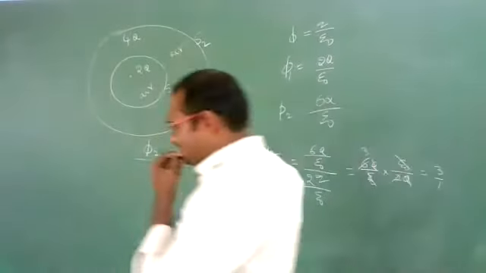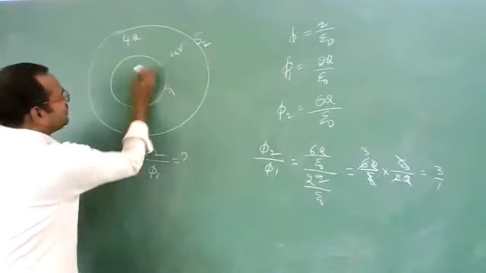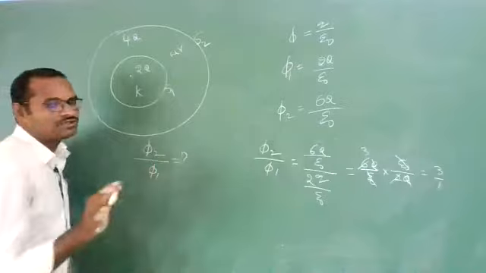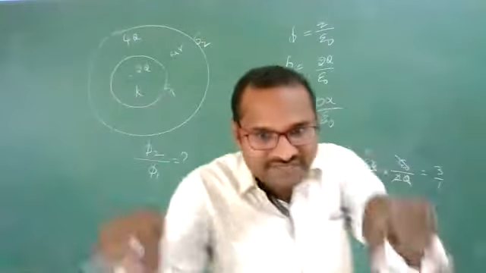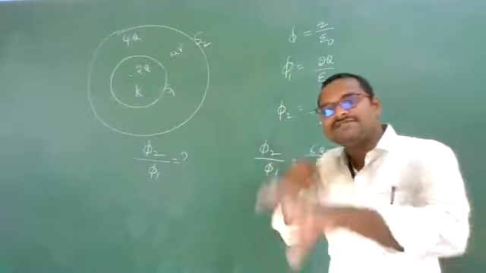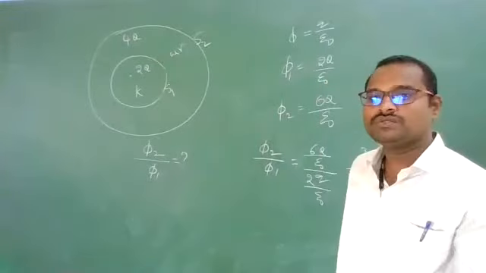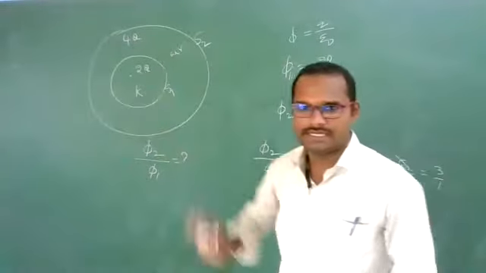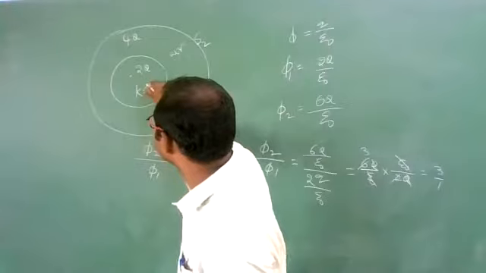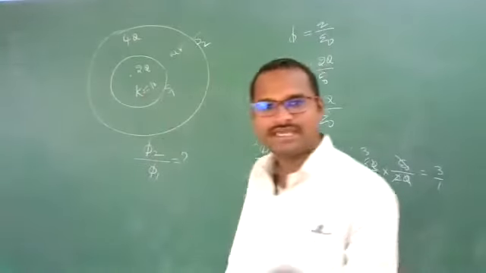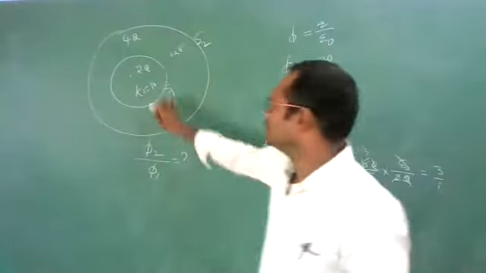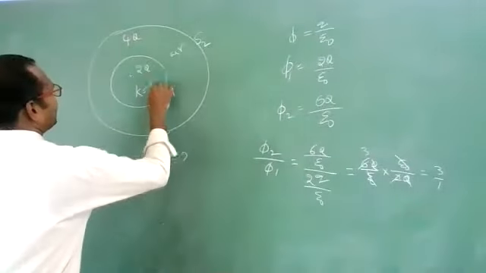Now suppose this is not air, but filled with a dielectric constant K. This first surface is filled with some different medium whose dielectric constant is let us suppose K, and the K value is let us suppose 10. K is a unitless quantity, as you know.